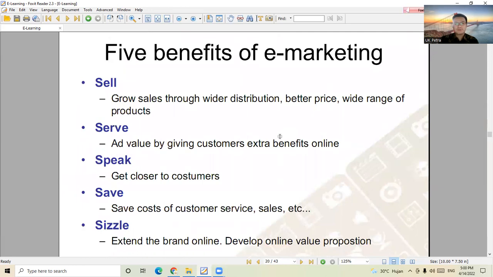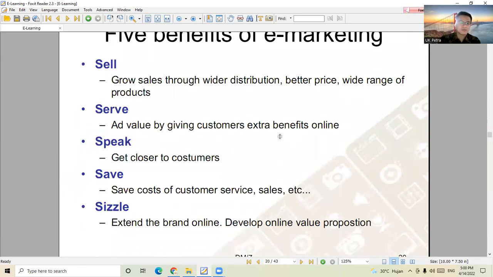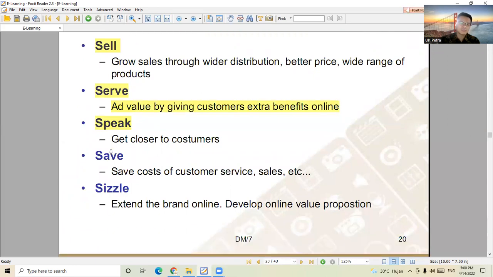So what are the 5 benefits of e-marketing? We can sell the products, we can serve the customers. For instance, we add value by giving customers extra benefits online, like a 5% discount on purchase, the guarantees. Speak, we communicate with the customers.